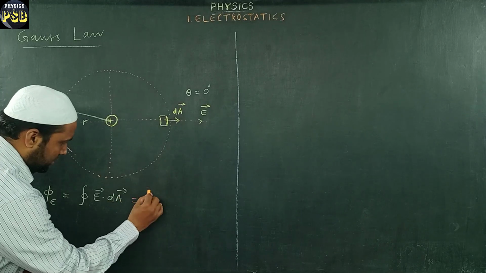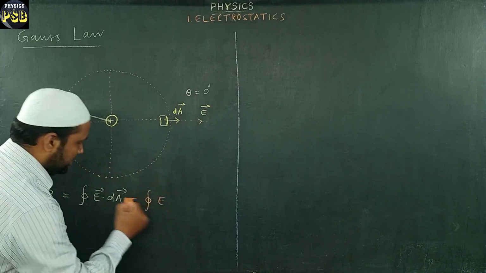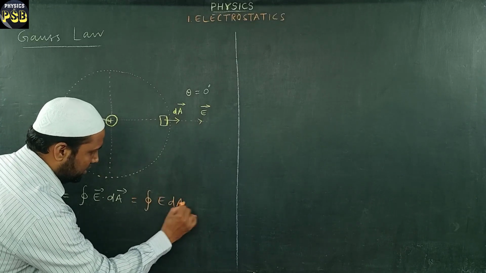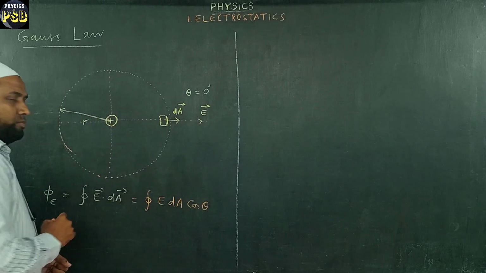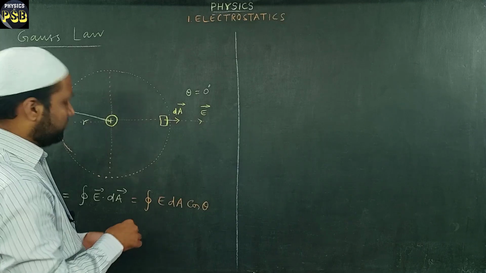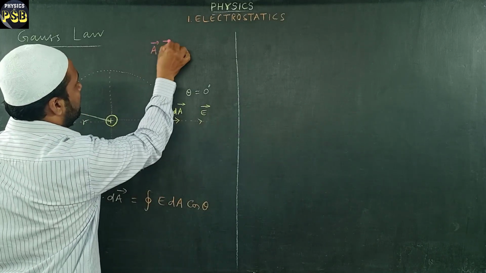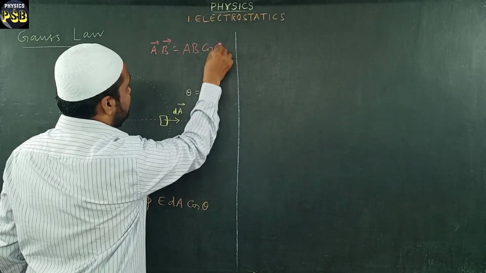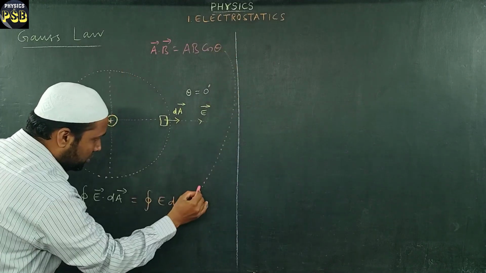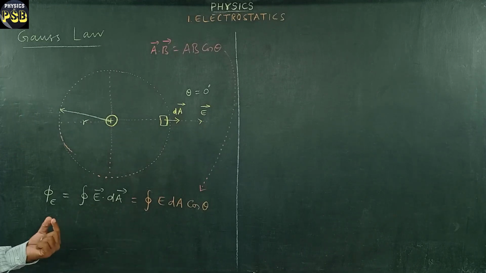This can be written in this manner: closed integral of E dA cos theta. We know in case of dot product, A vector dot B vector can be written as AB cos theta. We have followed the same method here. So in the place of E vector dot dA vector, we have written E dA cos theta.